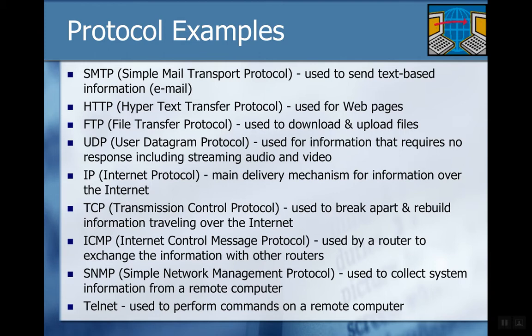SNMP, which is different than SMTP, is the Simple Network Management Protocol. It can be used to collect information from computers, for example, performance information, memory, CPU, things of that nature. And then Telnet. Telnet is a utility program that basically enables you to connect to a remote computer, communicate with it, and execute commands on it.